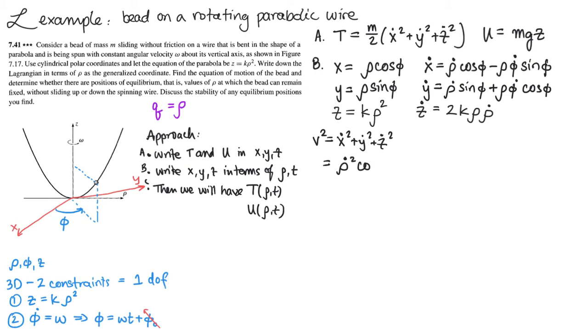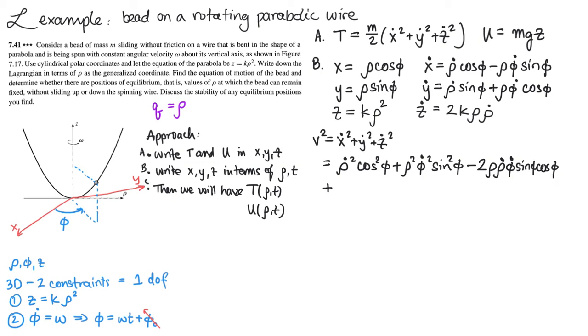Rho dot squared cos squared plus the square of the second term plus 2 times the cross term. Like so. That's the x dot squared.